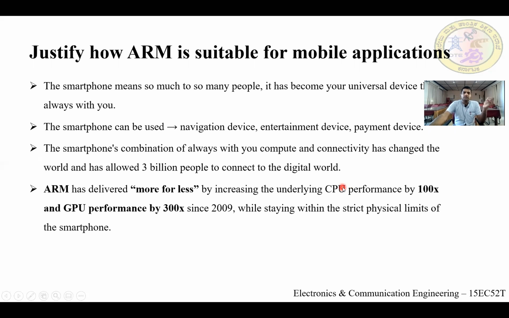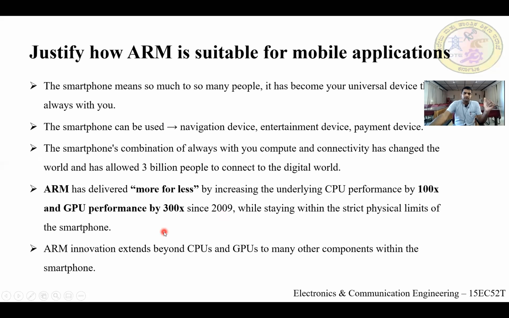ARM has delivered more for less by increasing the underlying CPU performance by 100x and GPU performance by 300x since 2009. So in much of the application in mobile devices, ARM is used as a core. ARM innovation extends beyond CPU and GPU to many other components within the smartphone.